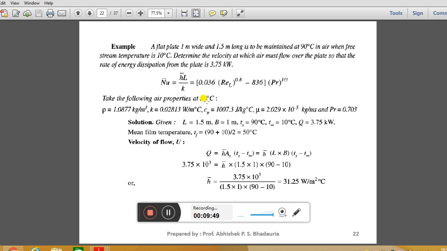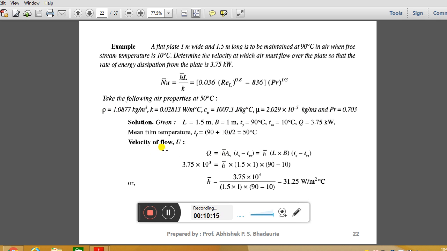If they are not given in the problem, then you have to calculate the mean film temperature, and at the mean film temperature, from the properties of saturated air table, you need to find all the thermophysical properties.